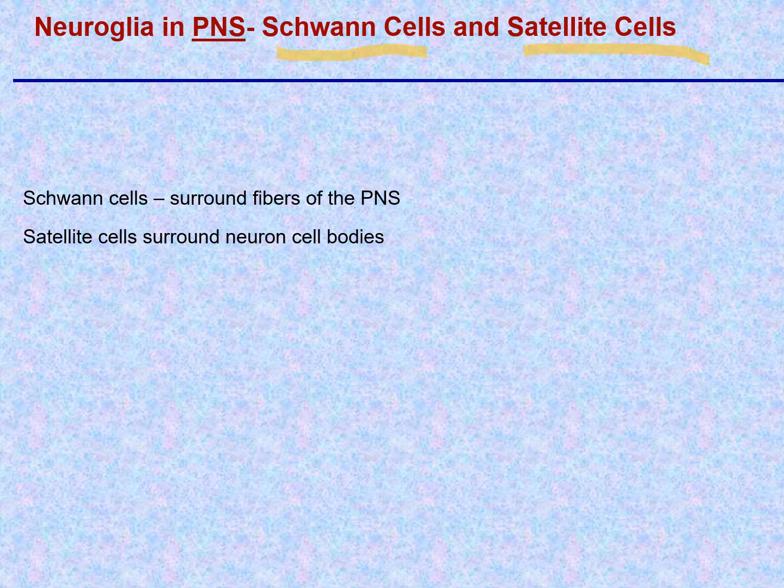The Schwann cells also wrap around nerve fibers, but in the peripheral nervous system. And the satellite cell will wrap around just the cell body, not the extensions of the neurons, not the fibers that project out from the neurons, but around the central cell body where the nucleus is. So Schwann cells are wrapped around the extensions, and the satellite cells are wrapped around the actual cell body.